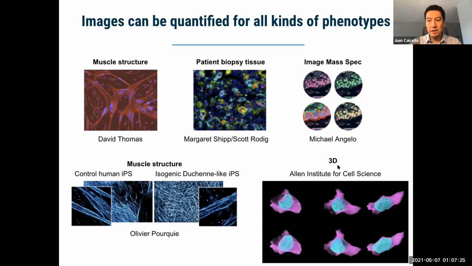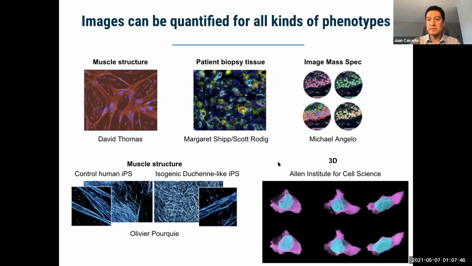We can capture 3D images and sometimes even time lapse. So really microscopy is a technology that allows us to see cells in many different ways at different levels of resolution, including temporal and spatial resolution. So we can really see a lot of information.